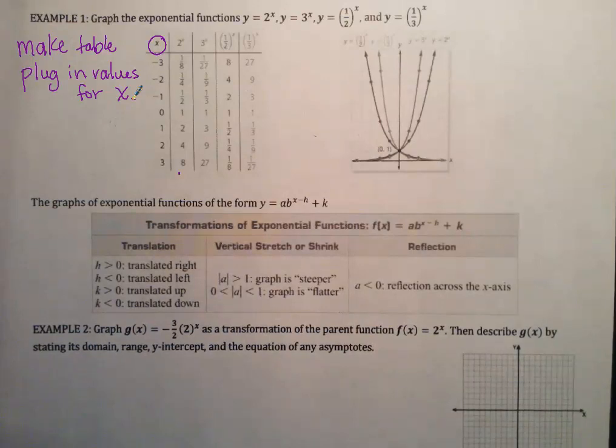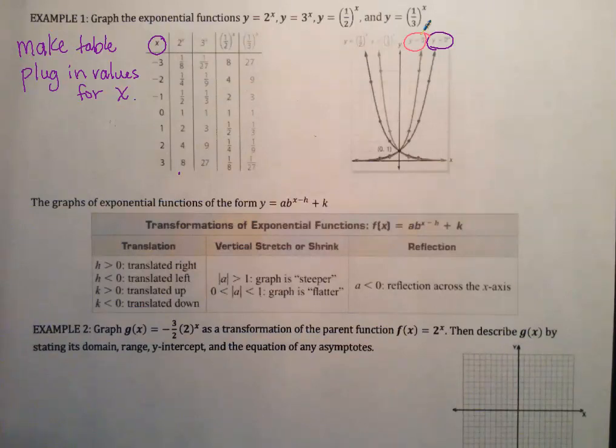So what can you tell me if we look at the graph? This one over here is labeled y equals 2 to the power of x. This one is y equals 3 to the power of x. What can you tell me about the difference between those? Which one is steeper? The 3?